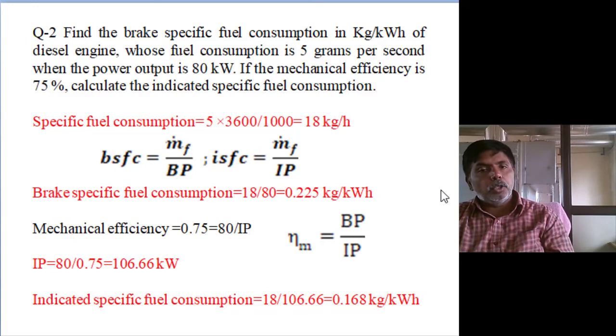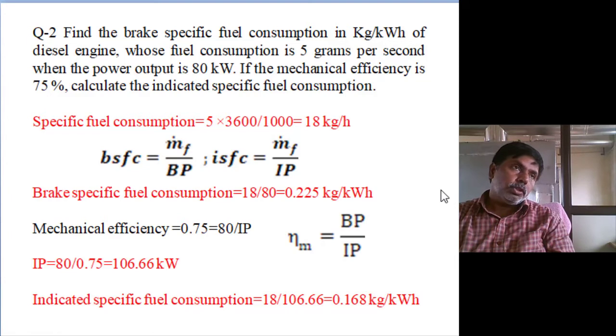So kg per kilowatt hour, whose fuel consumption is 5 grams per second. They gave 5 grams per second, not kg per hour. So first we want to convert 5 grams into kg, divide by 1000, per second; convert into hour by multiplying by 60 into 60, 3600.